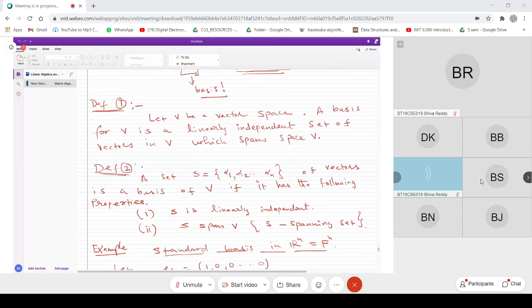So I just want to recall the basis and then the spanning set. The spanning set definition, yesterday we had discussed. Okay, let me go back to that. Basis definition.